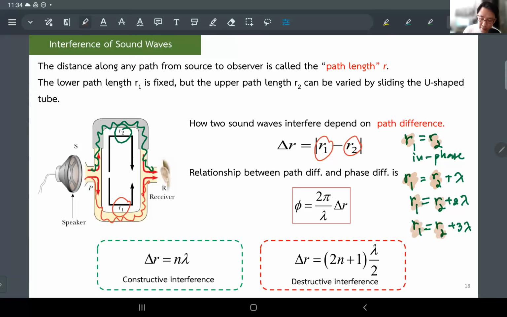If you take the difference between the two, R1 minus R2, you don't care which one is bigger, it could be R1 bigger than R2 or R2 bigger than R1. So I put the absolute sign on it, and just ask for an integer multiple of lambda. If this is the case, what you are getting is a constructive interference, guys.